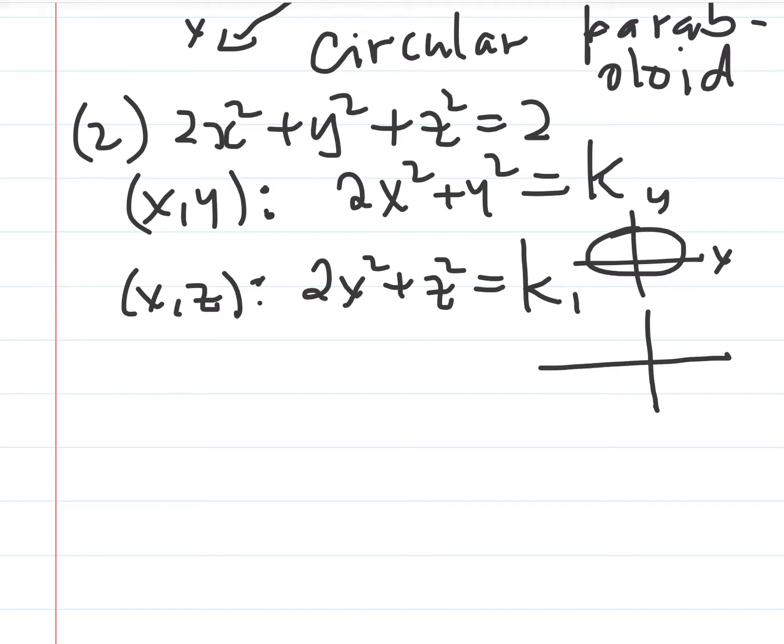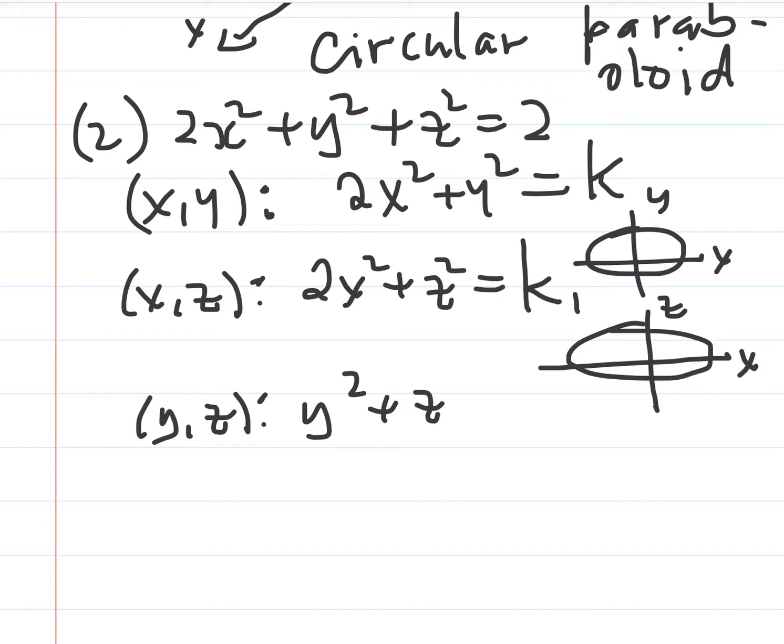So in the xz coordinates, we have again an elliptic shape. And lastly, in the yz coordinates, that is when we put x equal to a constant, we get y squared plus z squared equals 2 minus some constant. Let's say it's a positive constant. That will be, say, k2. Since the coefficients of y squared and z squared are both 1, this gives us a circle in these coordinates. So in the yz coordinates, we've got a circle like so.